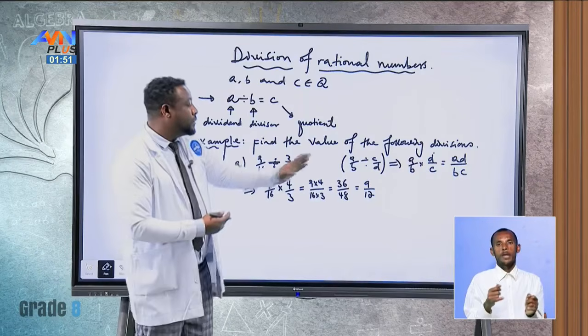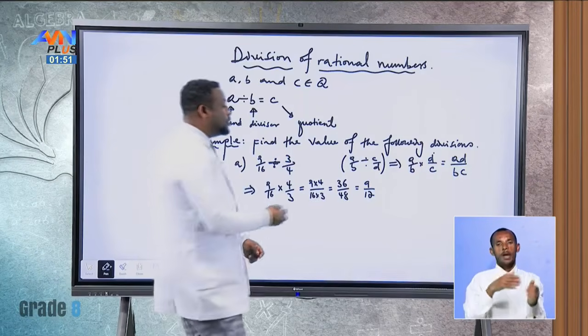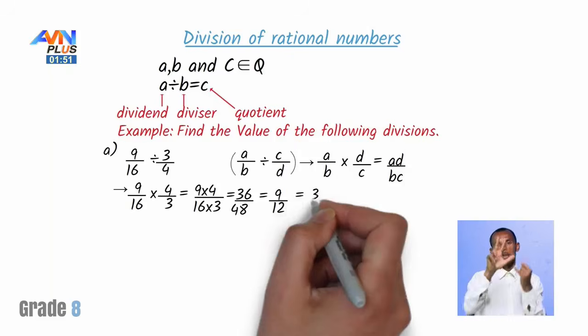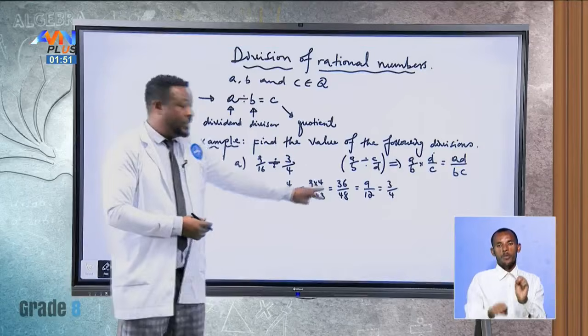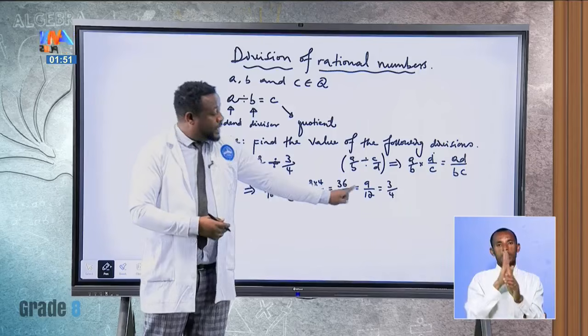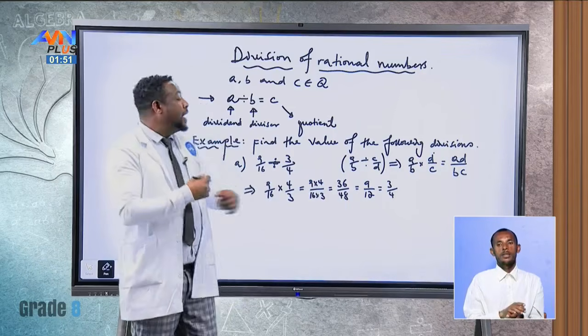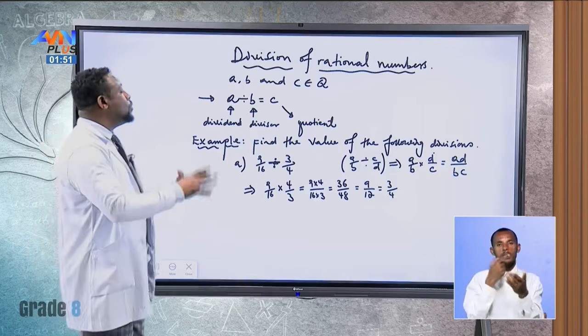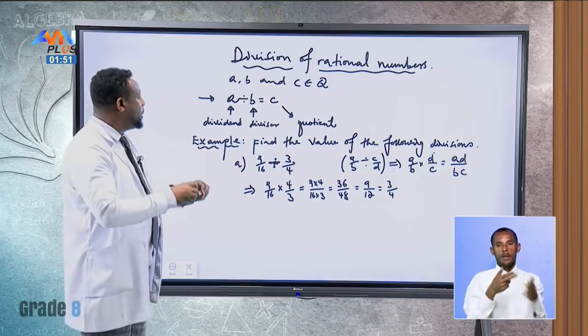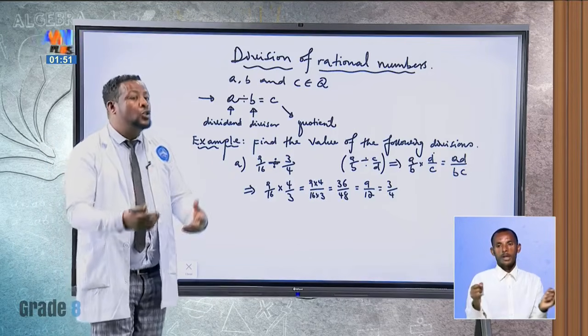You can further simplify 9 over 12: dividing by 3, the numerator is 3 and the denominator is 4. So 3 over 4 can also be your answer. So this is how we divide two fractions.